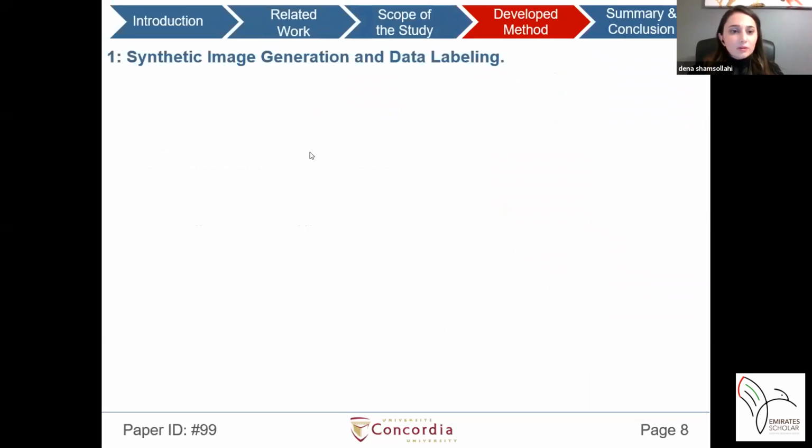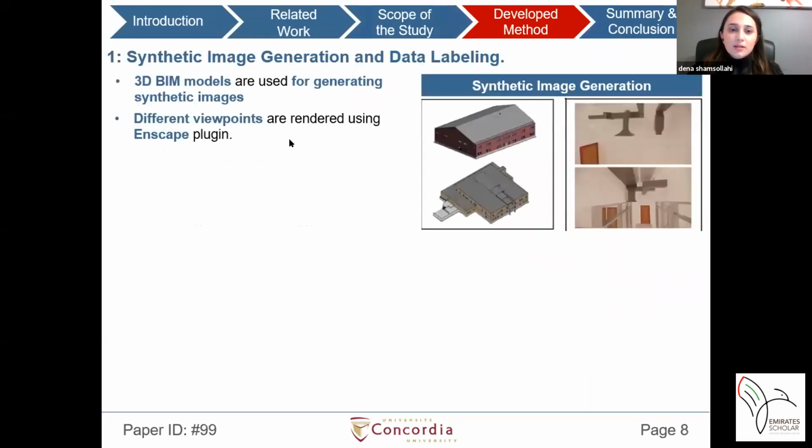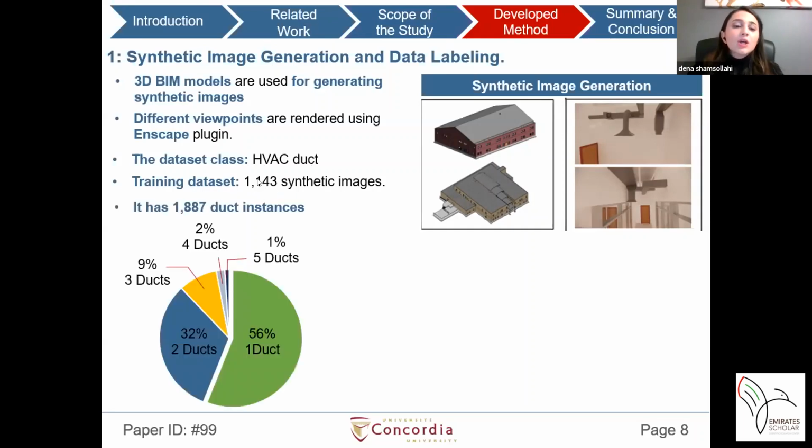In the first module, 3D BIM models are used for generating synthetic images. Different viewpoints with different illumination and occlusions are rendered using the Enscape plugin in the Revit software. The dataset class is HVAC duct, and the training dataset includes 1,143 synthetic images. Through this training dataset, we have 1,887 duct instances.